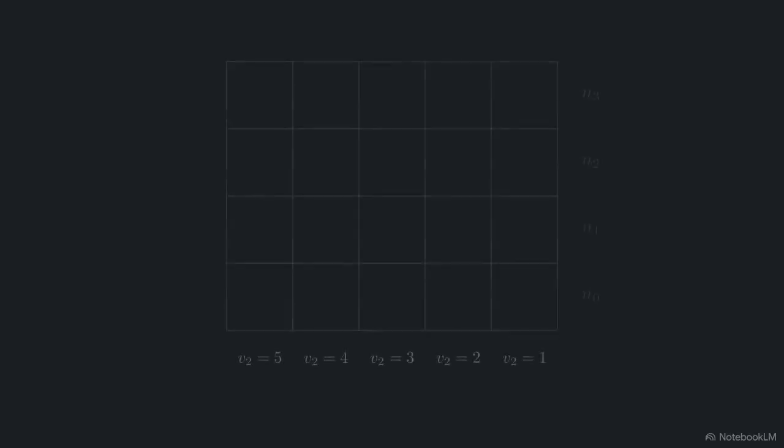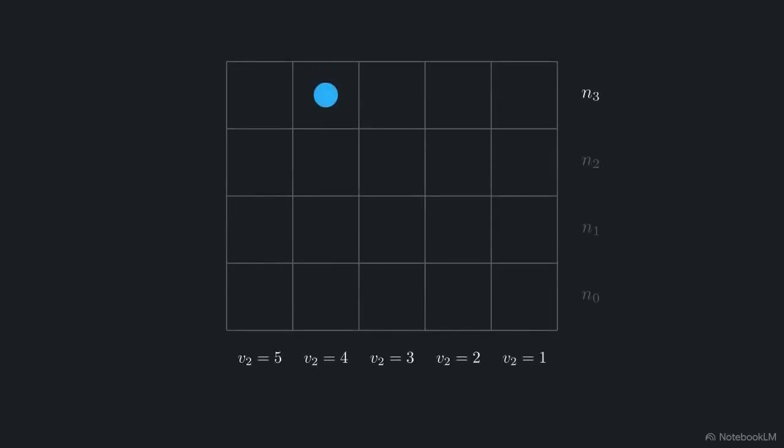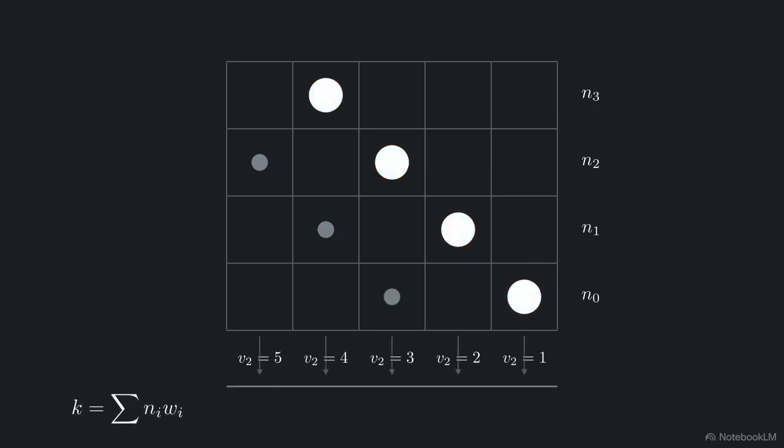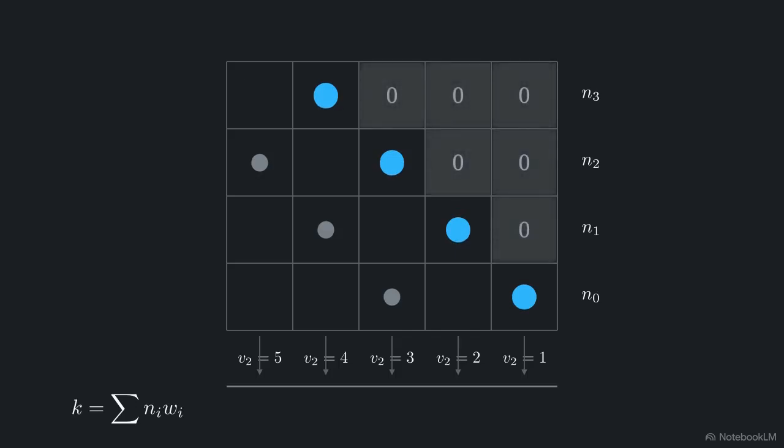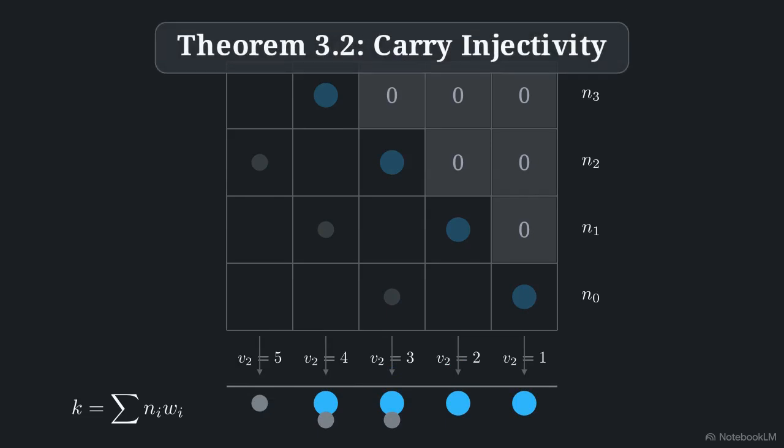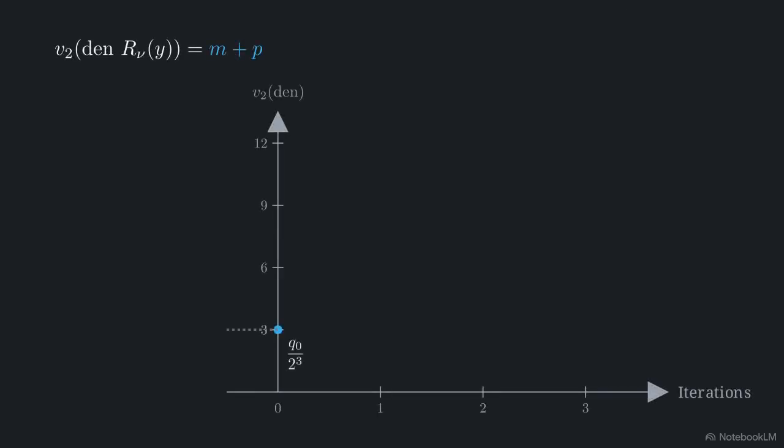This non-cancellation engine ensures every bit in the carry word n has a unique impact on the final functional k. Because each bit corresponds to a weight with a unique lowest two-adic valuation, the resulting sums can never collide. This guarantees carry injectivity. This logic also applies to the return maps.